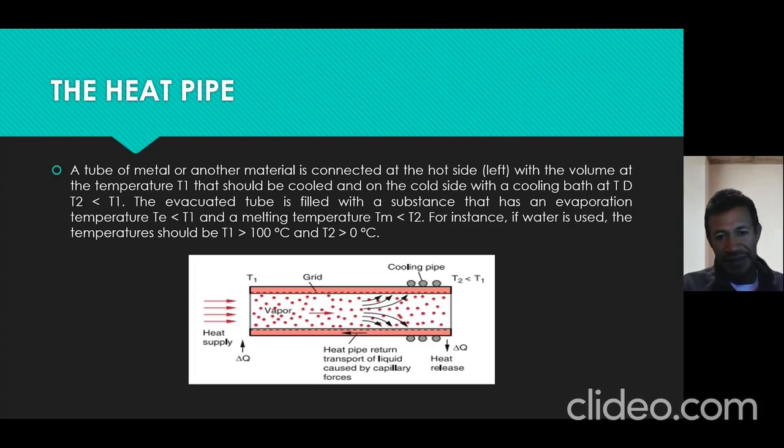The evaporator is filled with a substance that has an evaporation temperature T_E less than T1 and melting temperature Tm less than T2. For instance, if water is used, the temperature should be T1 greater than 100 degrees Celsius and T2 greater than 0 degrees Celsius.